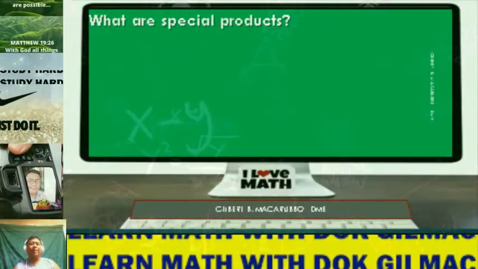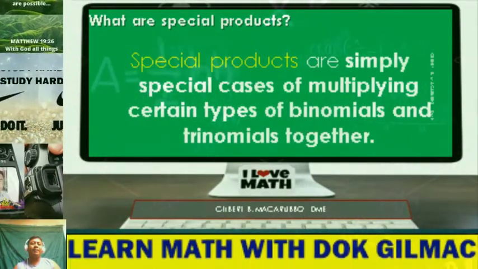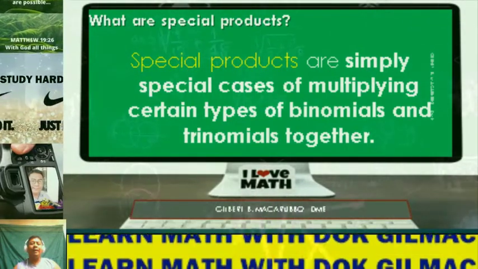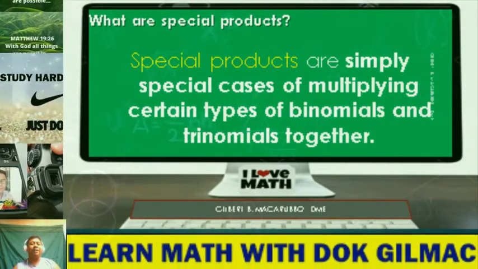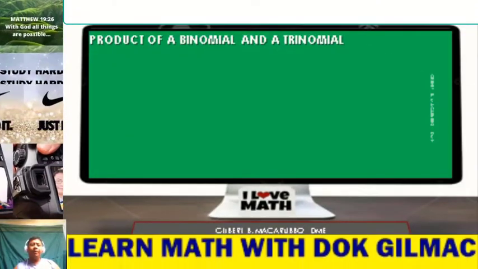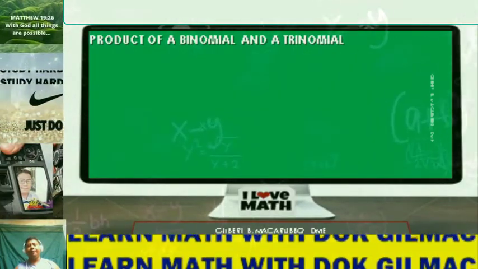What are special products? When we talk about special products, these are simply special cases of multiplying certain types of binomials and trinomials together. Consider now the product of a binomial and a trinomial.